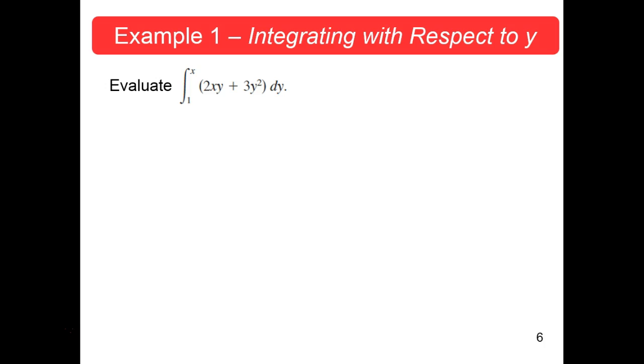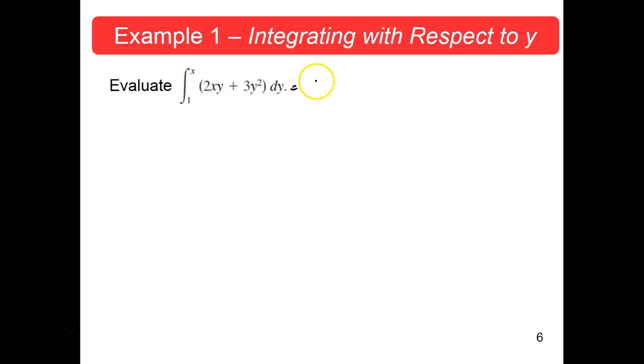Treat x as a constant, just the reverse of what we do with partial derivatives. Now we're doing multiple integration. So we're integrating with respect to y. What is the antiderivative of 2xy with respect to y?